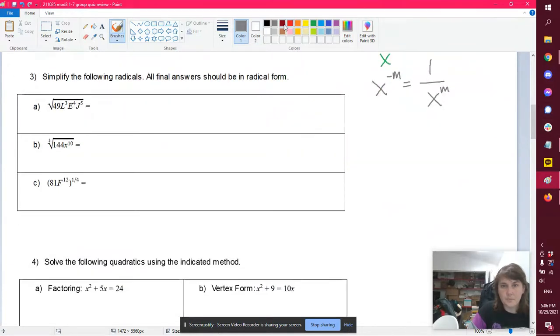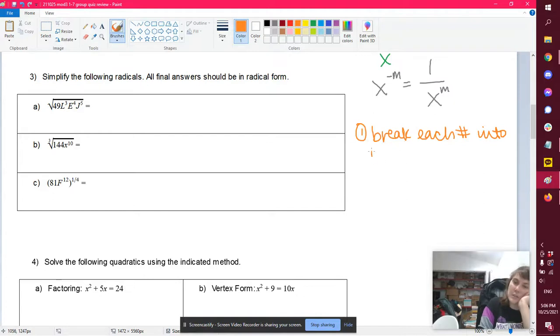Part 3, radicals. Simplifying radicals always starts with number 1, break each number into its prime factors.